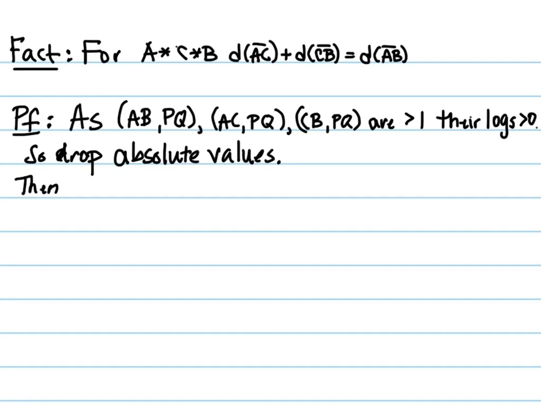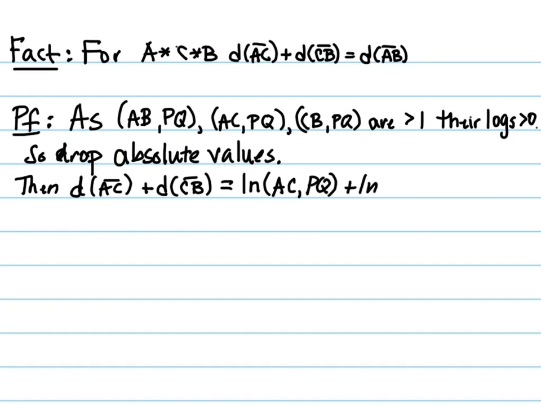Then the distance from A to C plus the distance from C to B will have the following form. We'll have the natural log, by definition, of the cross ratio of AC to PQ plus the natural log of the cross ratio of CB to PQ.